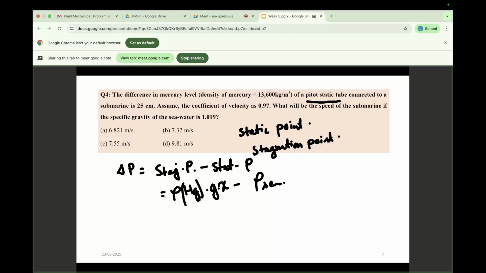Sorry, this is static minus stagnation. Right? That means C.